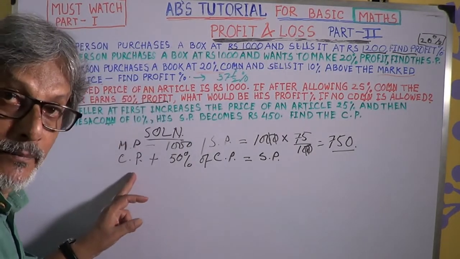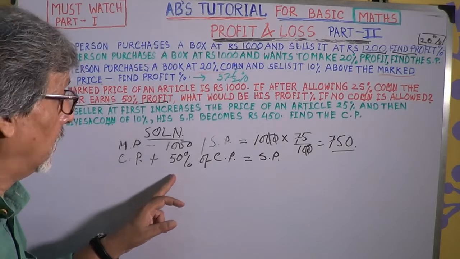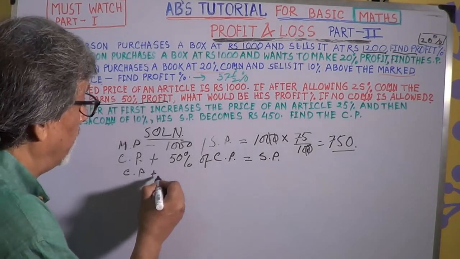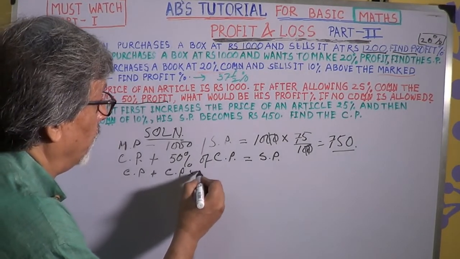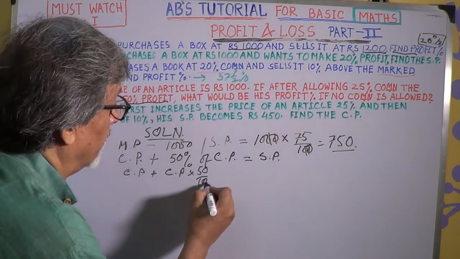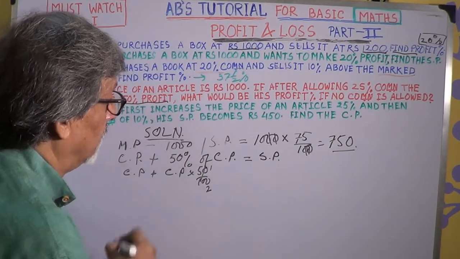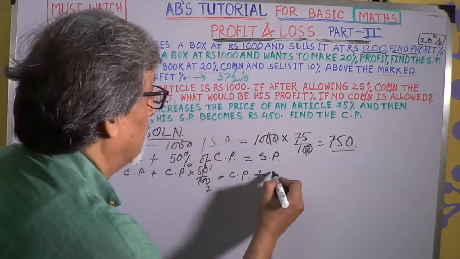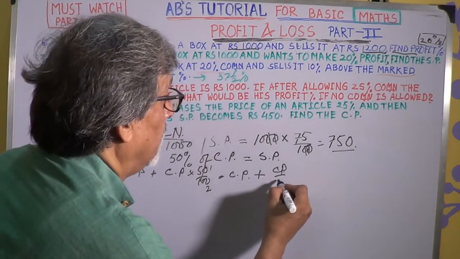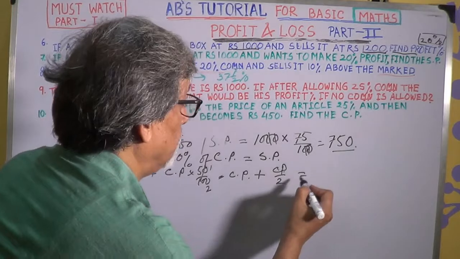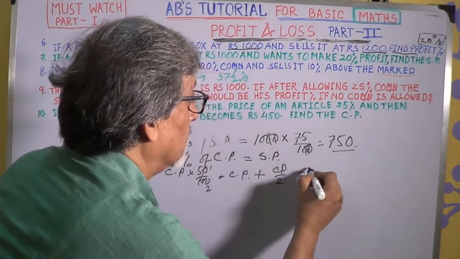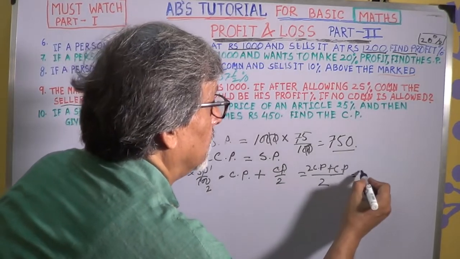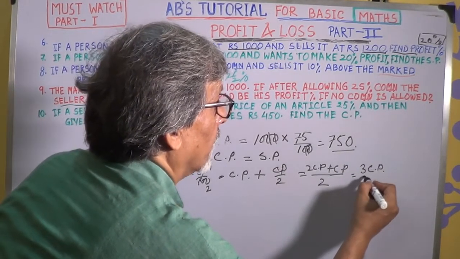This means cost price plus 50% of cost price. So we can rewrite this as CP plus CP into 50 by 100. So these two cancel and this gives us 1 by 2. This is CP plus CP by 2. The LCM is 2. This becomes 2 CP plus CP. This means 3 CP by 2.